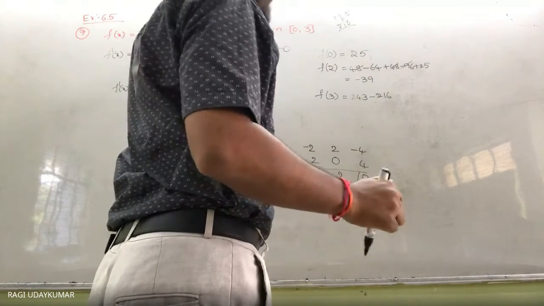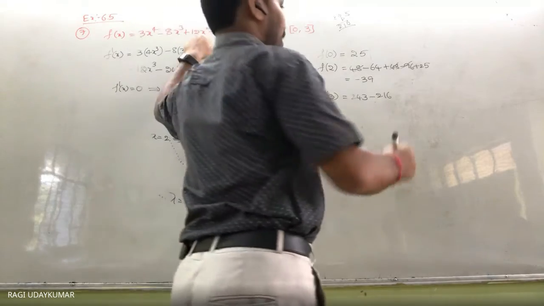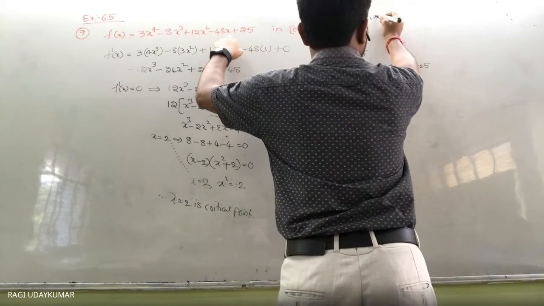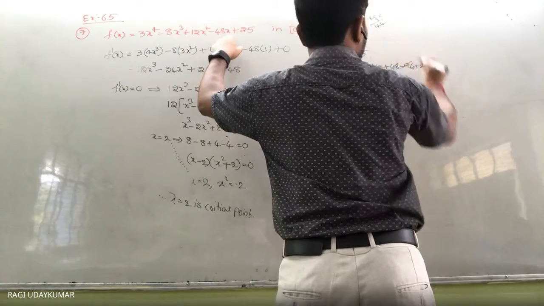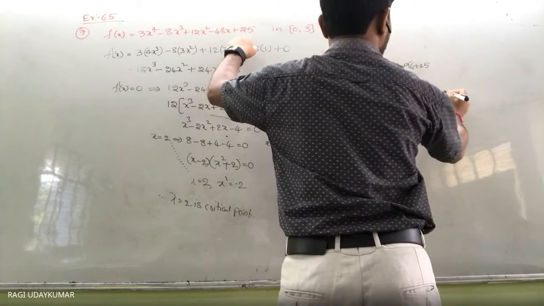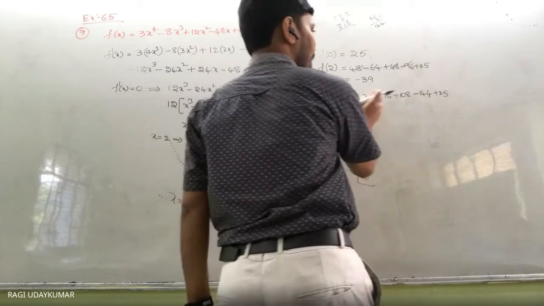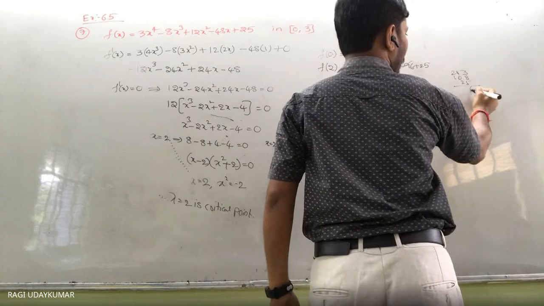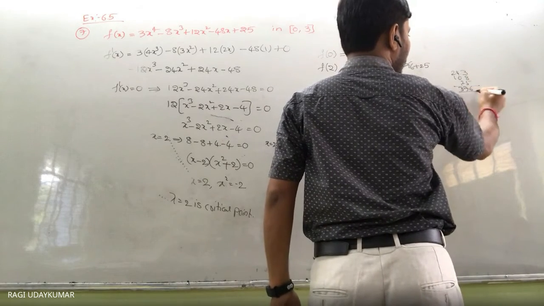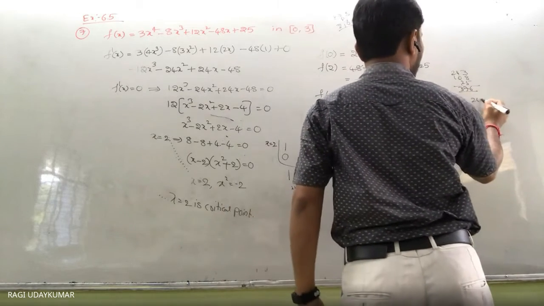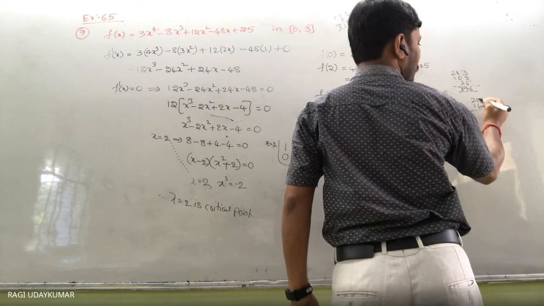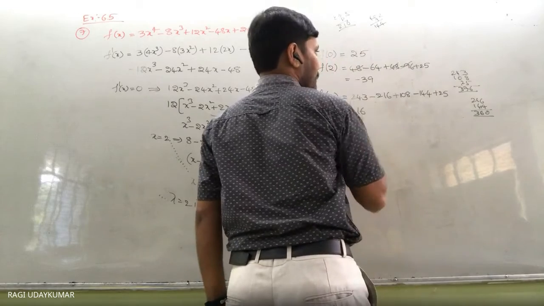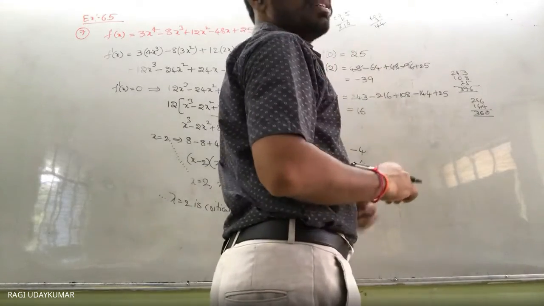Next 3 square 9, 12 9s are 108, minus 48 into 3, 8 3s are 24, 12 4s are 144, plus 25. All the plus values you add: 243, 108, 25, we are going to get 376. So both the negatives add: 216, 144, 360. So we are going to get plus 16.